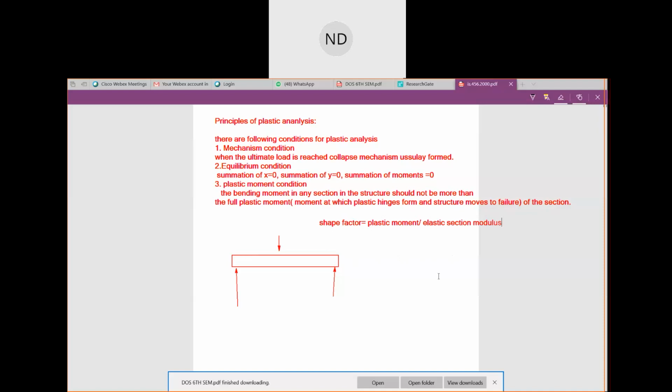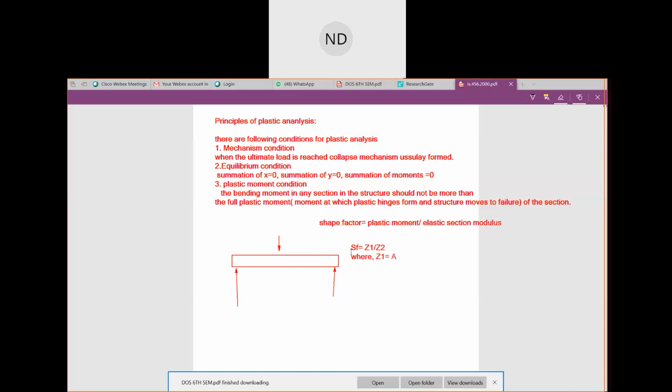So we can take an example of shape factor, like a rectangle. Shape factor, that means your S suffix F, we can write it to be Z1 by Z2. Where your Z1 is equal to how much?